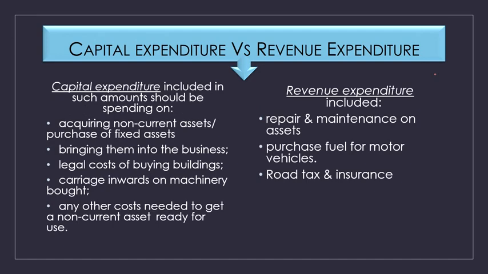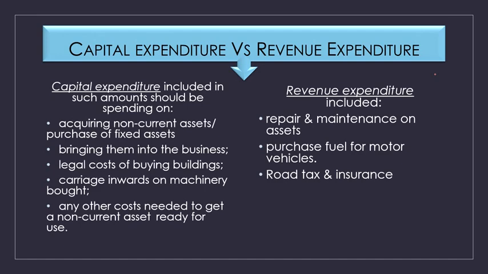So capital expenditure ni included in such amount should be spending on, contoh-contoh capital expenditure ialah acquiring non-current asset, bringing them into the business, legal costs of buying buildings, carriage inward on machinery, and any other costs needed to get a non-current asset ready for use.